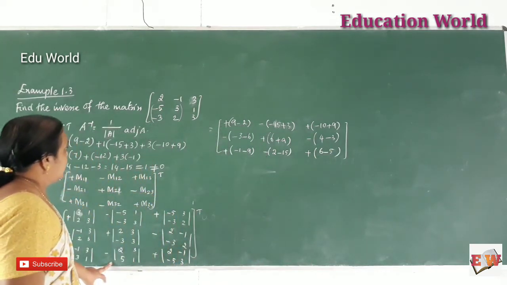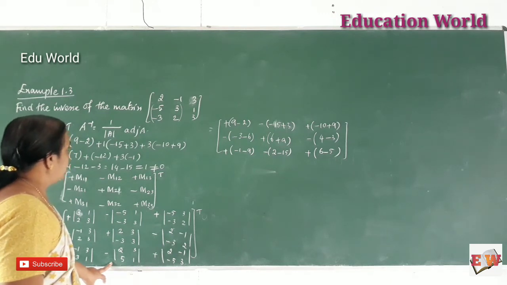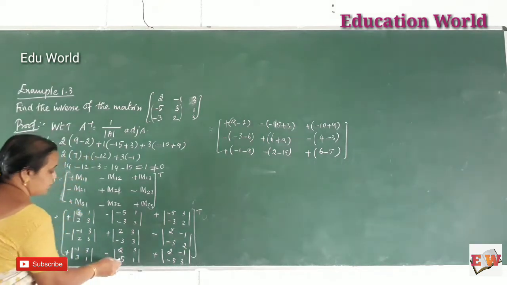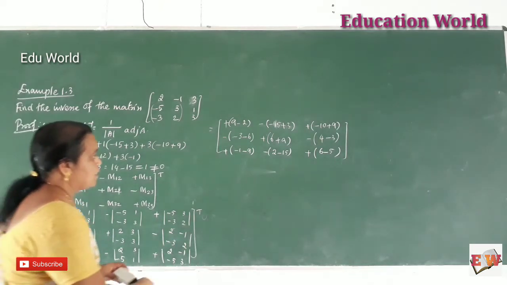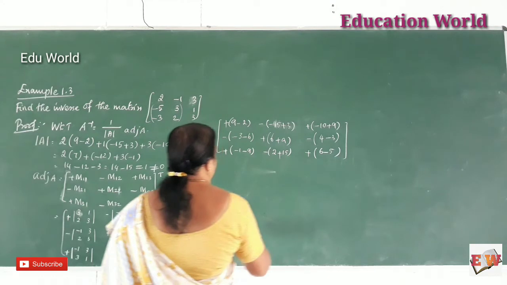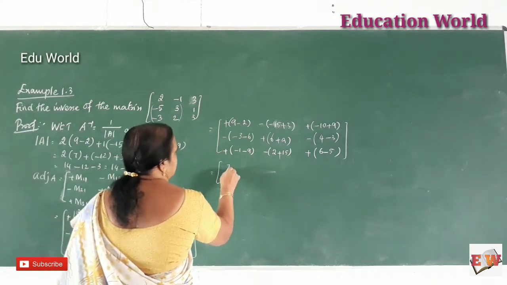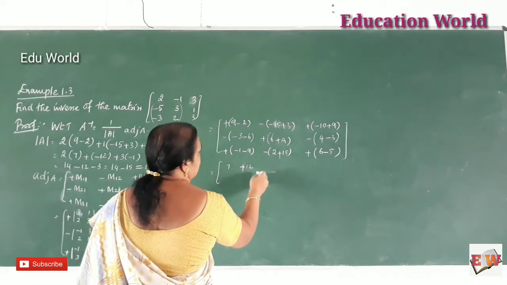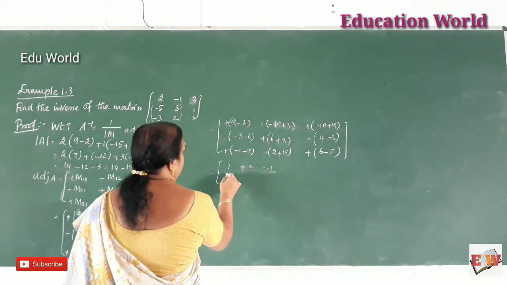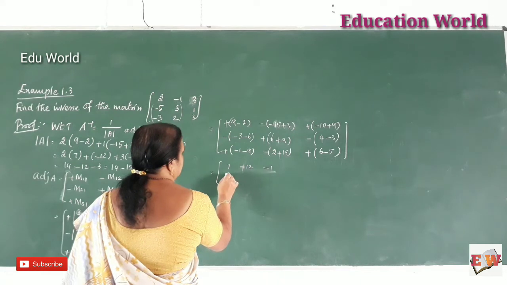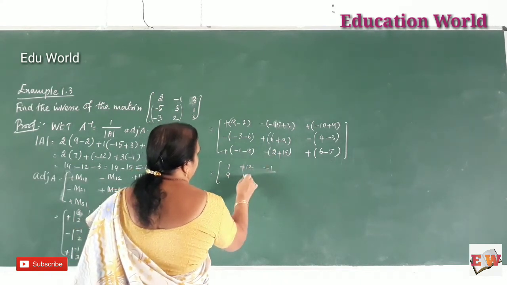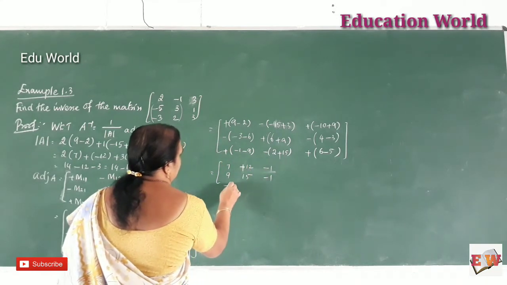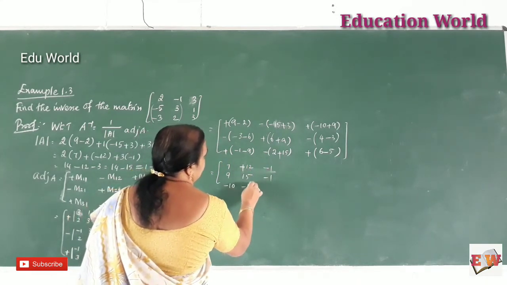For this entry, 2, 3, minus 5, 1. I am sorry, I missed one minus here. So please note: 7, minus 12, minus 1, minus 9, 15, 1, minus 1, minus 10, minus 17, 1.